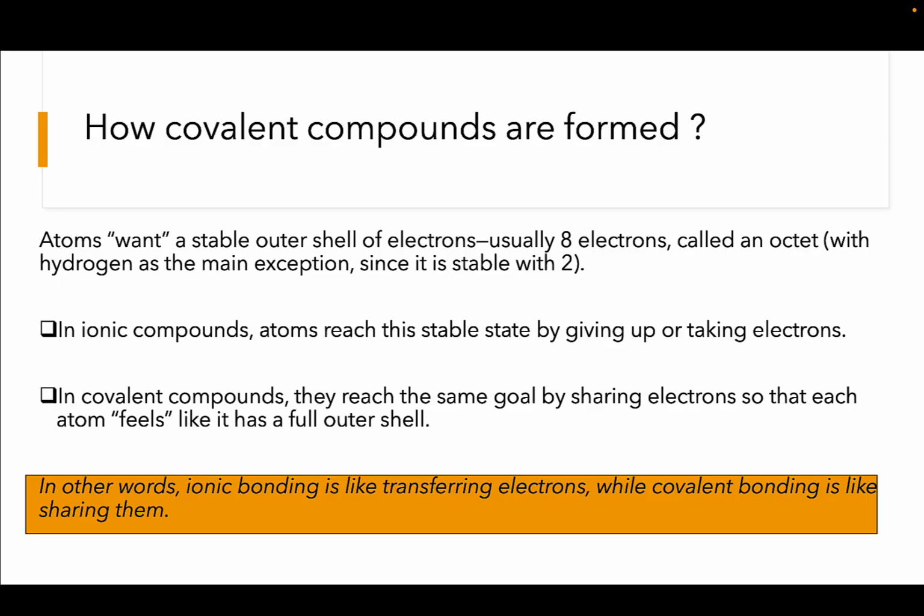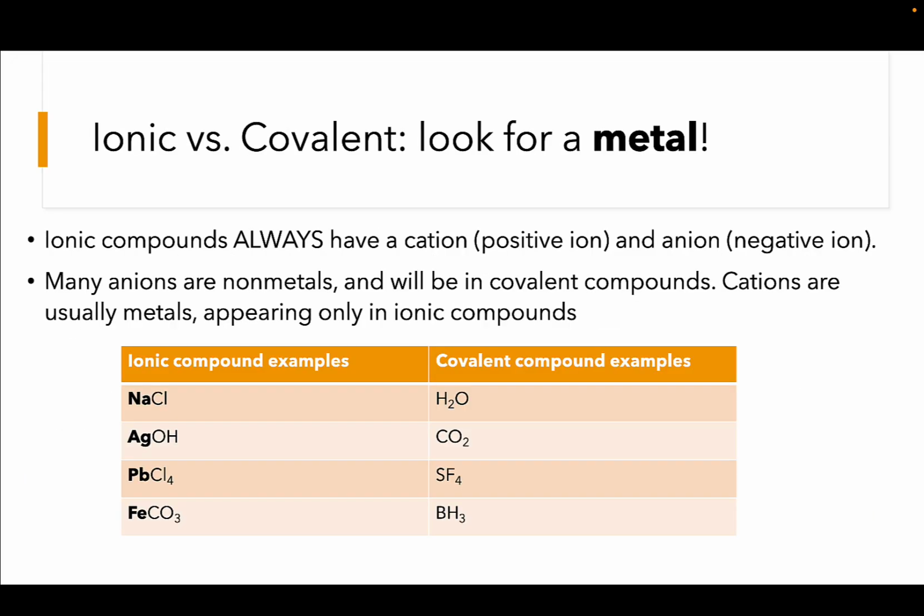In other words, if I have atom A and atom B that each are sharing one of their electrons, both atoms A and B feel like they have 2 electrons since they both get a share of each electron. So covalent bonding, sharing of electrons, this is what we're looking at.